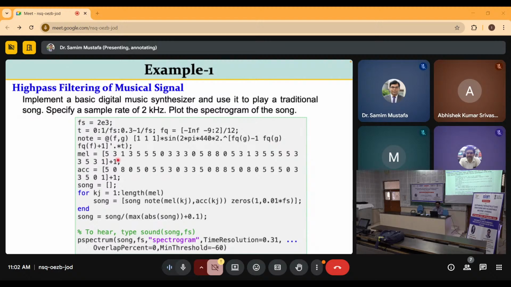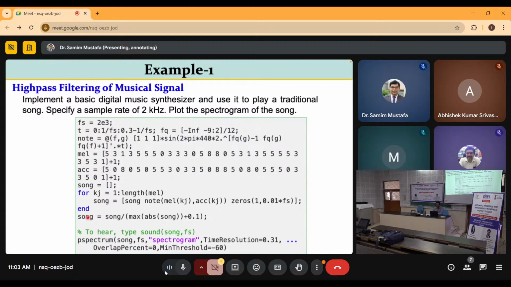Then the melody is given like this: 5 3 1 3 5 5 0 and so on. Then you compose the song using this loop. Okay, so the note will be coming from this. kj runs from 1 to the length of the melody, which is given by this, and once the loop is completed, your song will be ready.